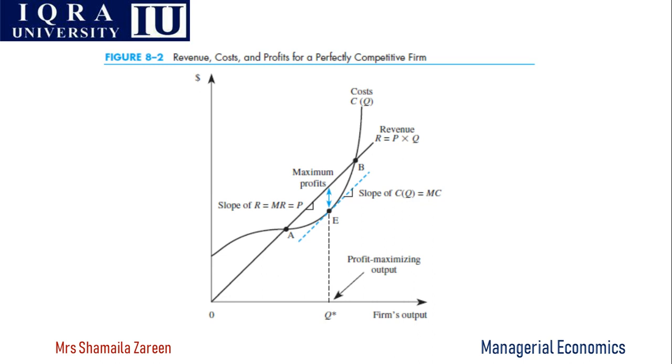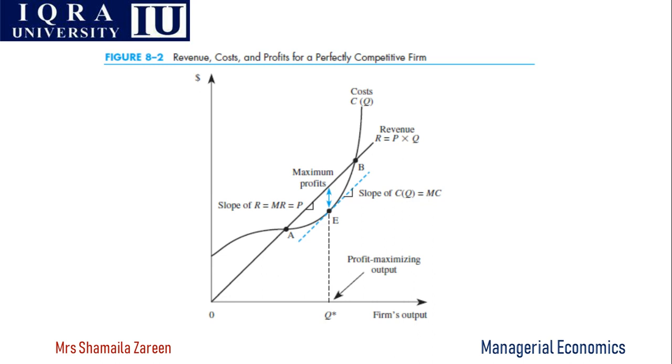First of all, profit can be written as total revenue minus total cost, and geometrically profits are given by the vertical distance between the cost function labeled C(Q) in figure 8.2 and the revenue line.